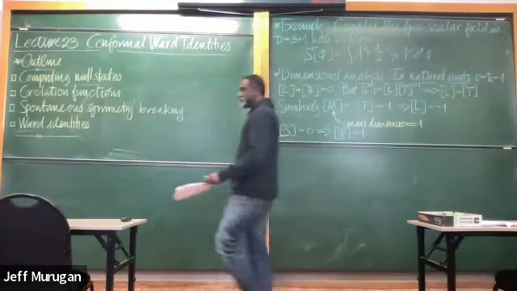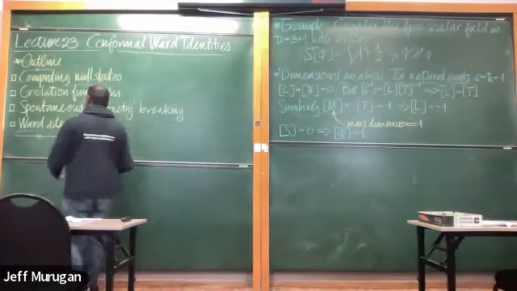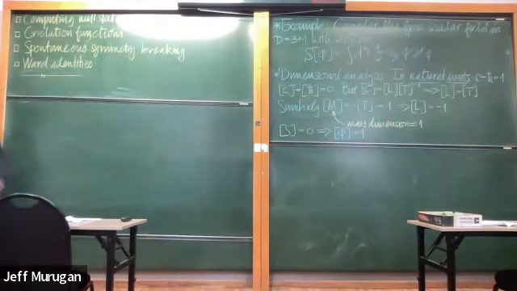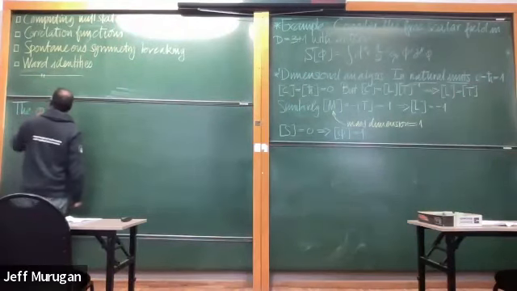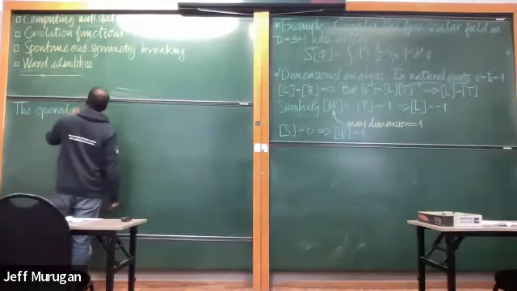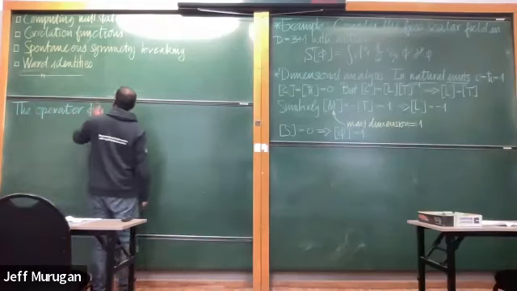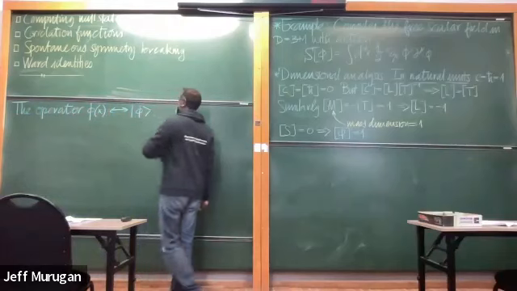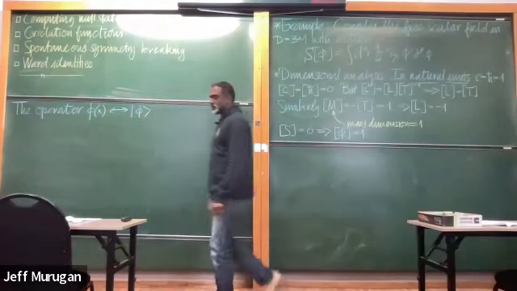This field phi, or operator phi, corresponds to a particular state via the state operator map. Let's label it by phi as well. So the operator phi of x corresponds to the state phi in the Hilbert space of the theory.